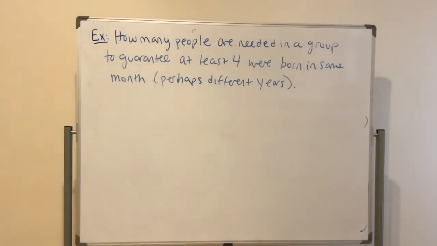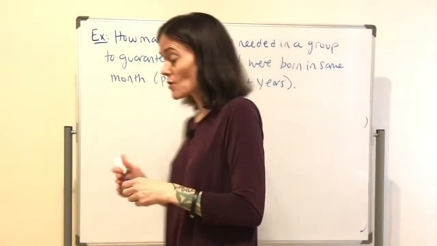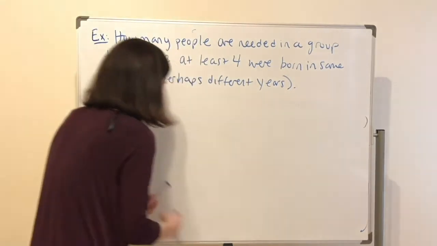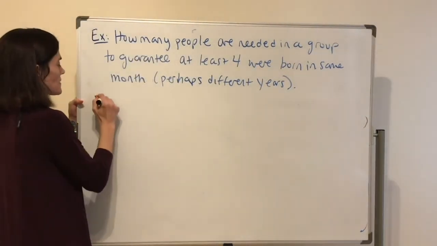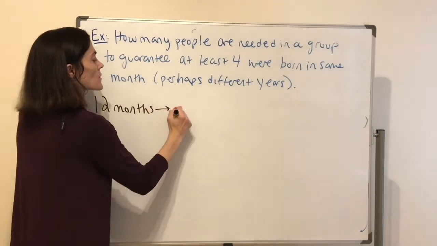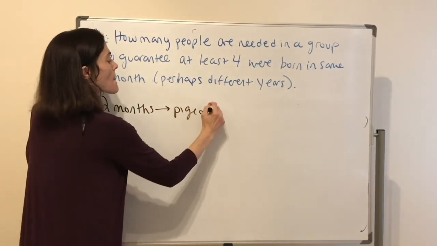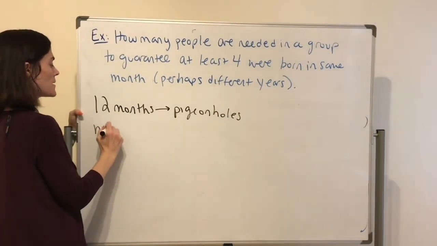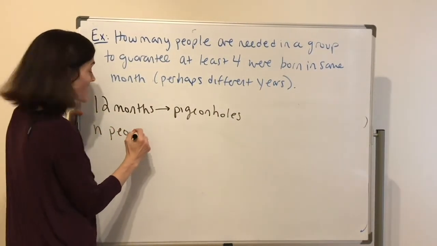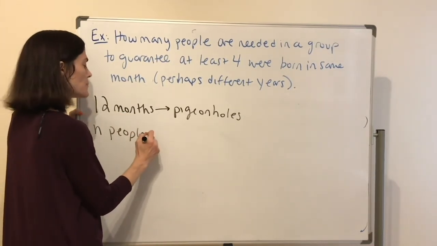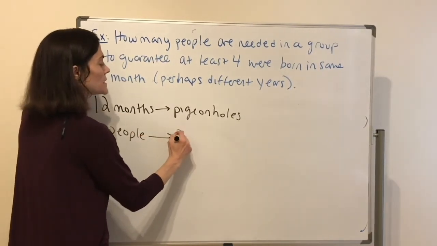Let's think about the pigeons and the pigeonholes. We have 12 months. Okay, the 12 months. These are our pigeonholes. And I will say the N people in the group that we're interested in making, or how many people we need, these will be our pigeons.